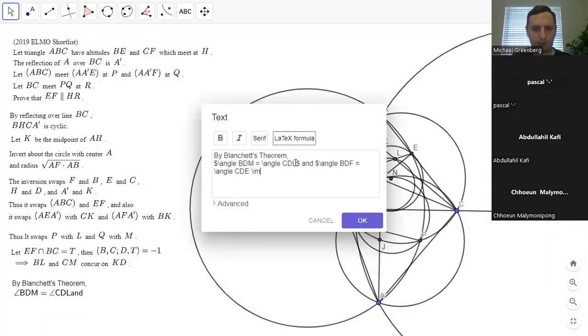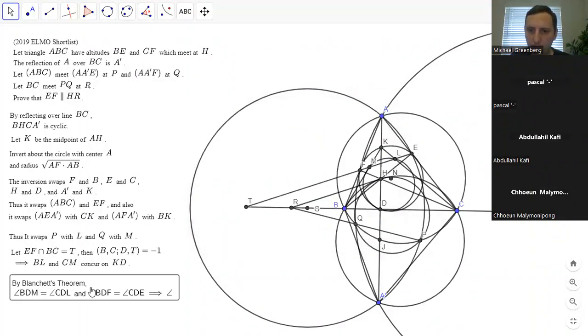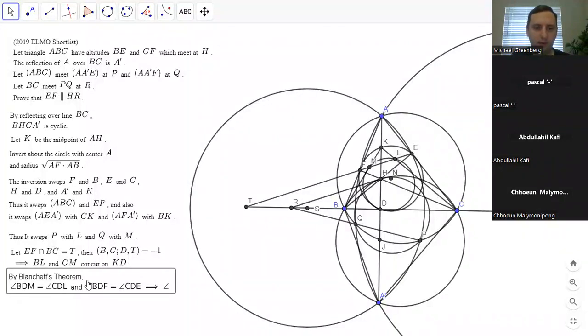And that implies that angle FDM equals EDL.